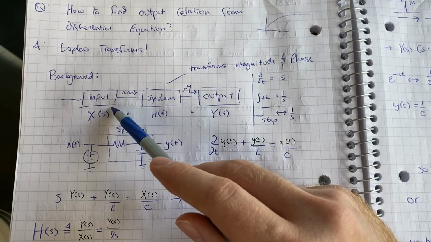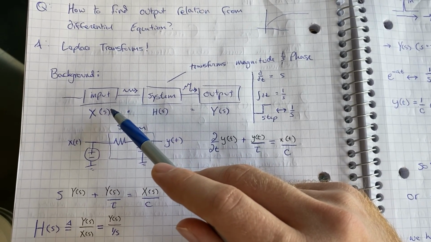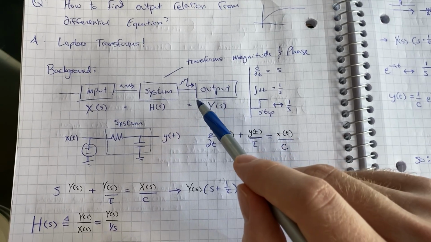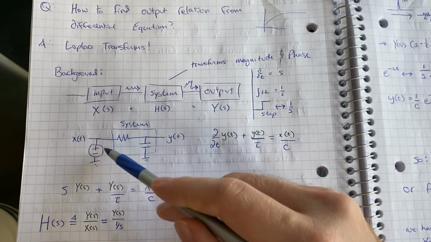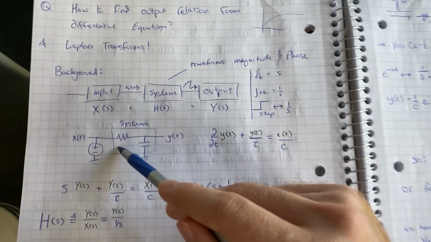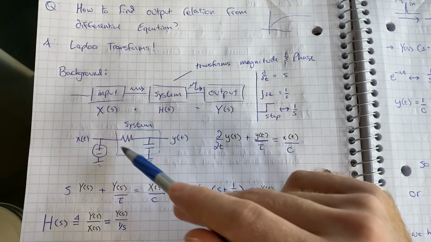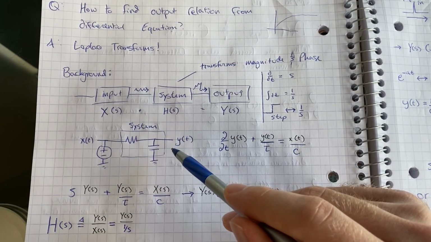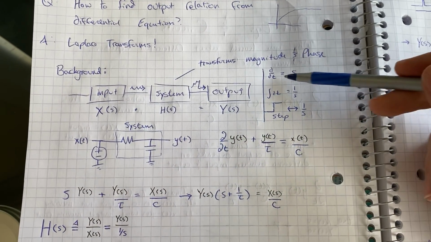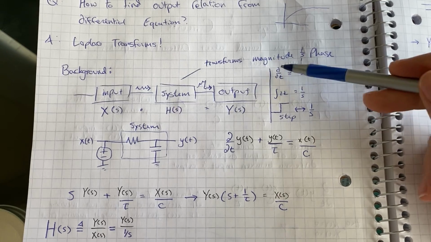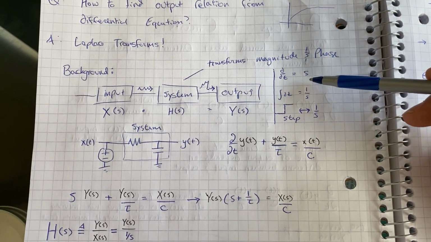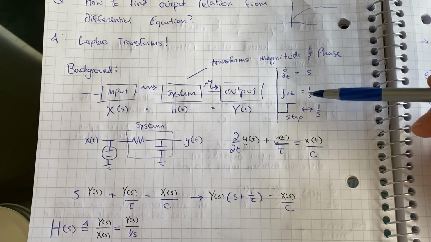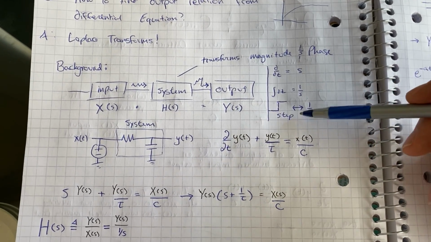So some background, we know that we have some input signal, we have a system, and some output signal. What we can think of that as, we have some input signal, which is the step. We have the system, which alters that signal somehow to give us our output. And in the Laplace domain, differentiation is just represented as multiplying by s. Integration is represented by multiplying by 1 over s. And the Laplace transform of a step is just 1 over s.